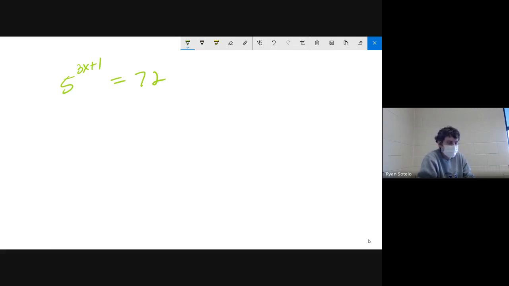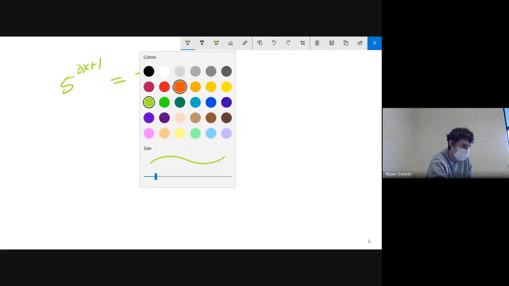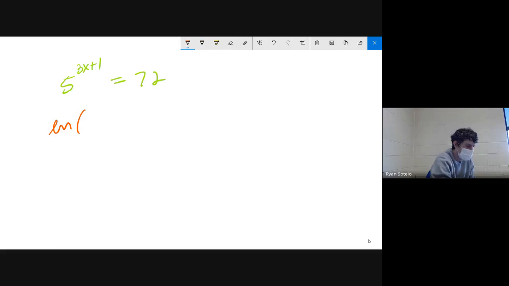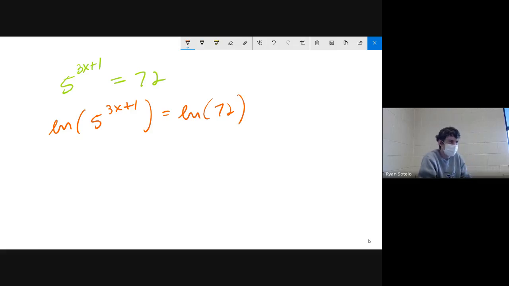All right. So I'm going to just take log of both sides. Can you guys see that okay? Let me switch colors there. So the natural log of 5 to the 3x plus 1 is natural log of 72. So take the same of both sides.